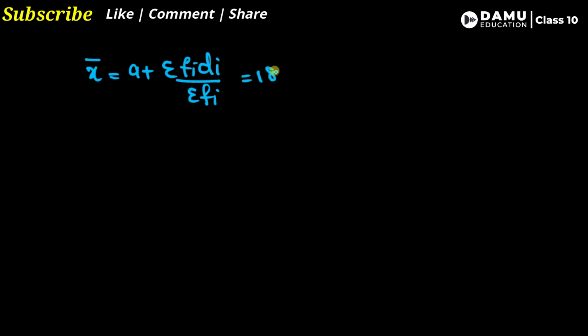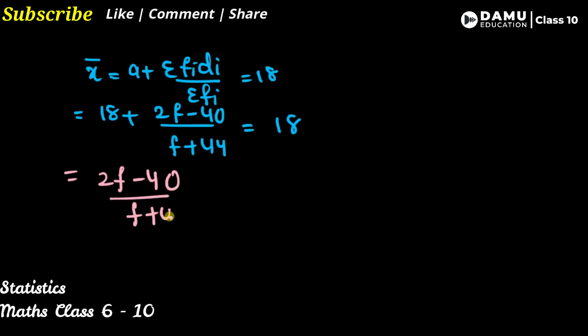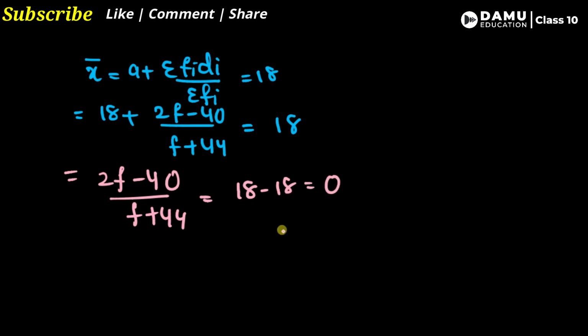So 18 plus 2f minus 40 by f plus 44, summation of fi, will be equal to 18. The 18 will cancel, so 2f minus 40 by f plus 44 will be equal to 18 minus 18, which is 0.